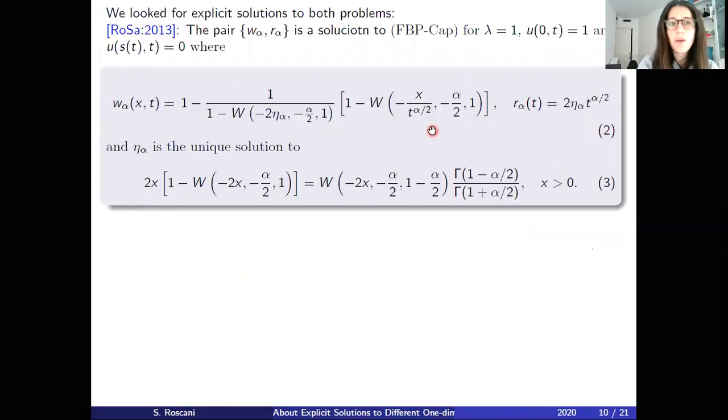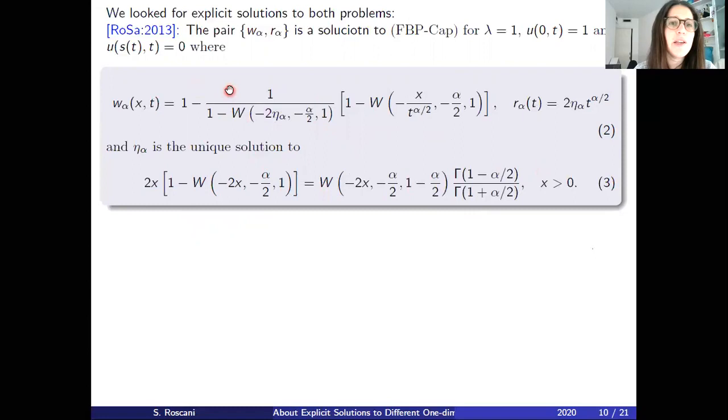What do we know about these models? Well, there is an explicit solution in terms of Wright functions for the first one, with the Caputo derivative, where of course the interface is of the form t to the power of alpha over 2, and there is a parameter that characterizes it, which is a solution to this equation 3 that you can see here.